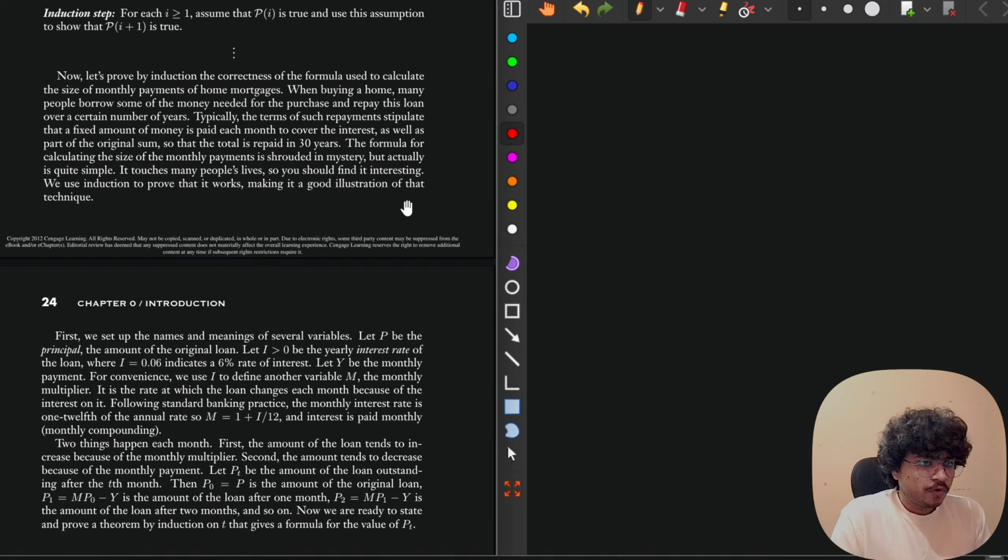The formula for calculating the size of monthly payments is shrouded in mystery, but actually is quite simple. It touches many people's lives, so you should find it interesting. We use induction to prove how it works, making it a good illustration of that technique.